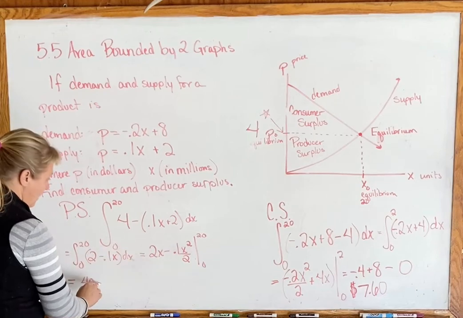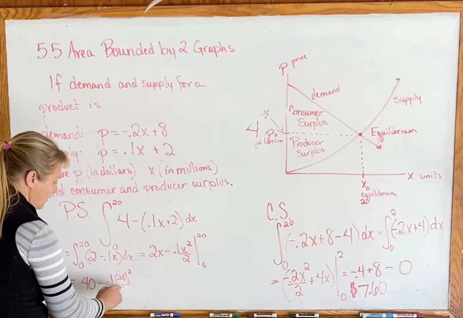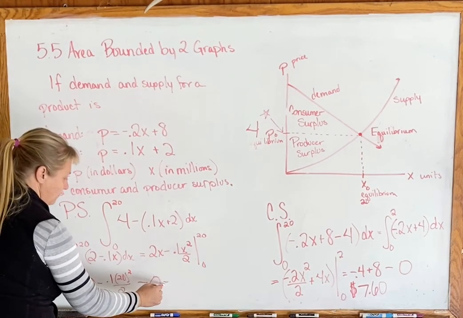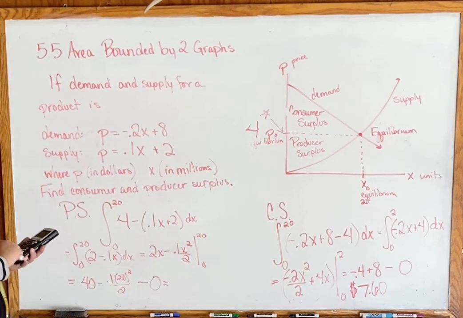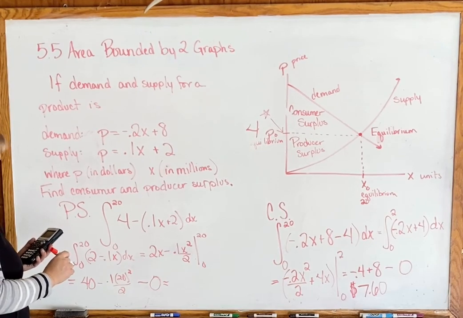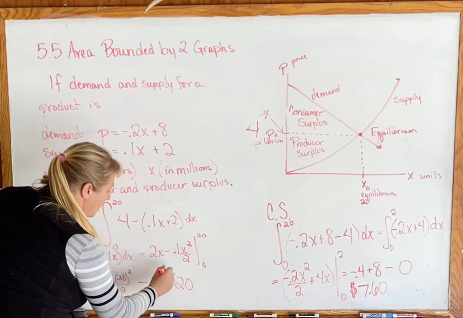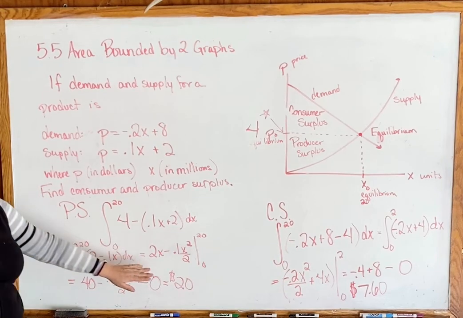Plug in 20 there. Minus 0.1 times 20 squared over 2. Okay, and then if we plug in 0, we just get minus 0. Okay, so let's see. I got $20. So we've got a producer surplus of $20.